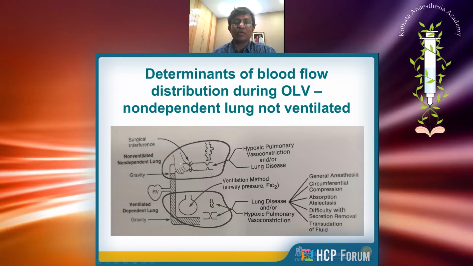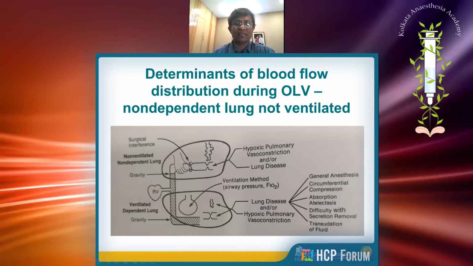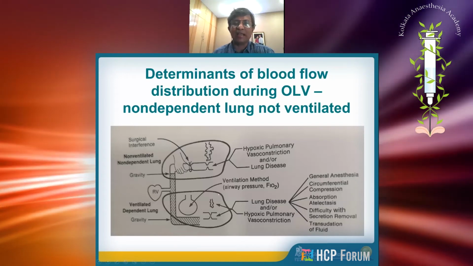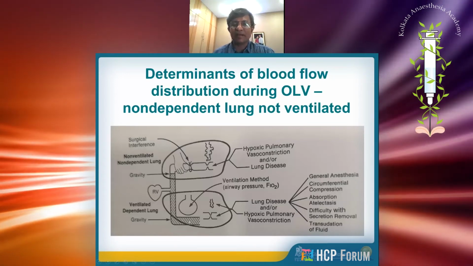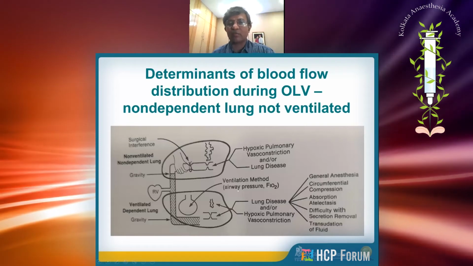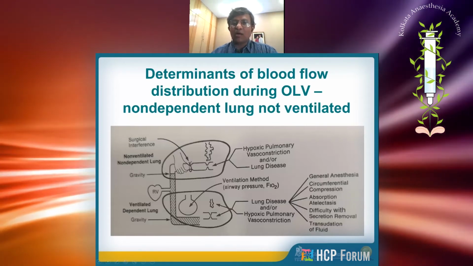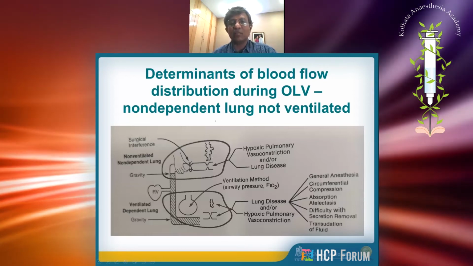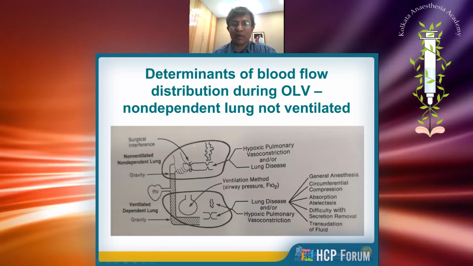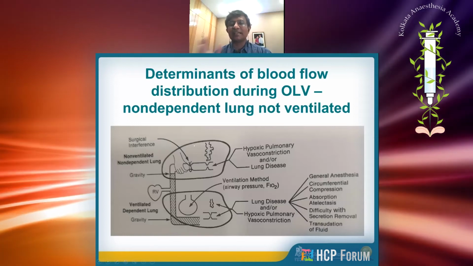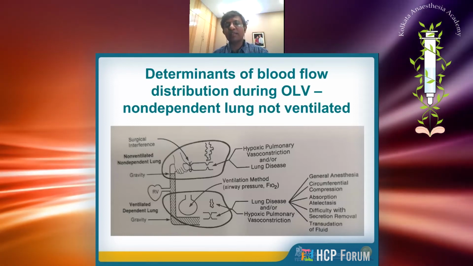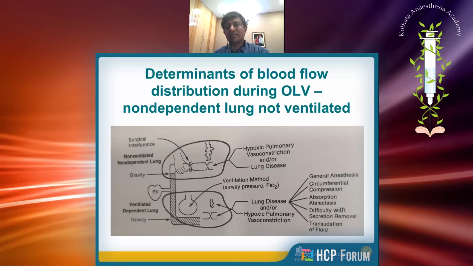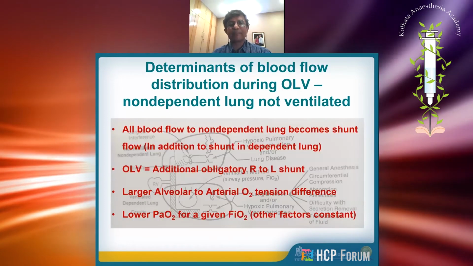What is happening to perfusion? Perfusion remains the same. The perfusion will be higher in the dependent lung purely due to hydrostatic forces. What will now happen? What are the changes happening to ventilation? What are the changes happening to perfusion? And is there a change in the relationship between the change in perfusion and the change in ventilation?